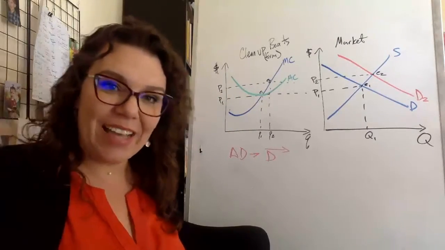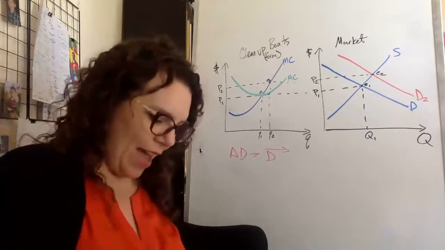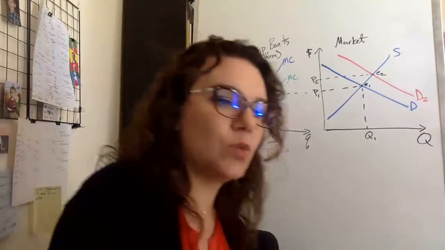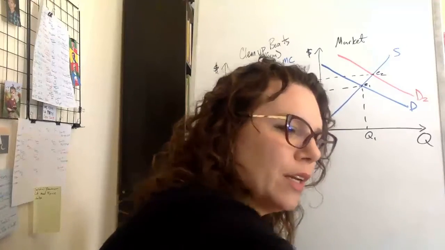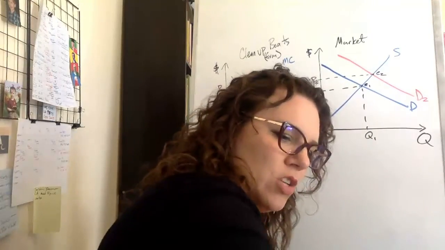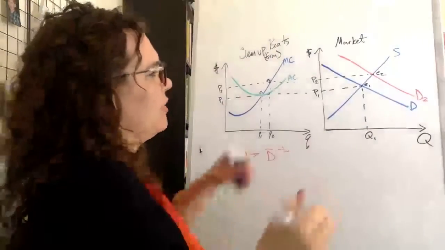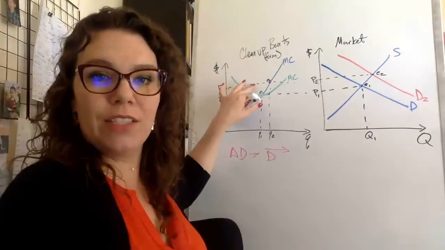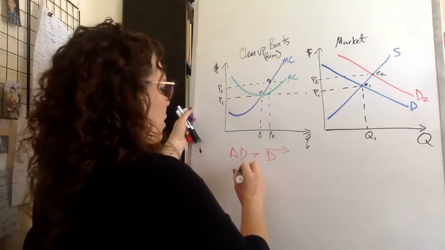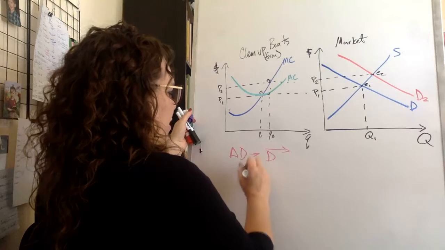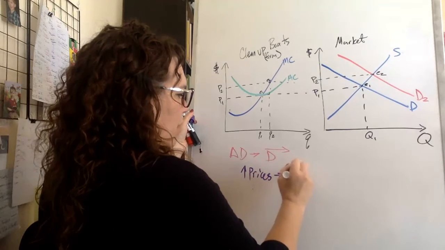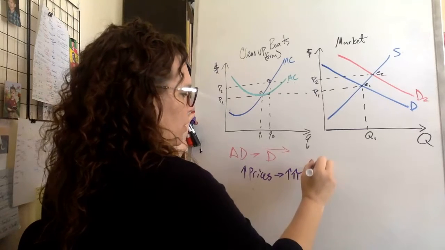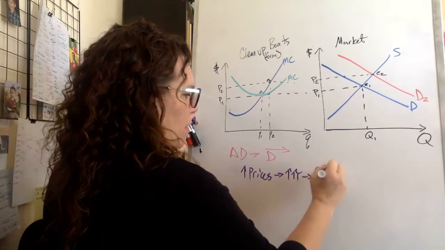So the next wave of activity that's going to happen in this market is we're going to see the supply curve shift out. We're going to see supply shift out because more firms enter the market. So higher prices lead to higher economic profit, which leads to firm entry.